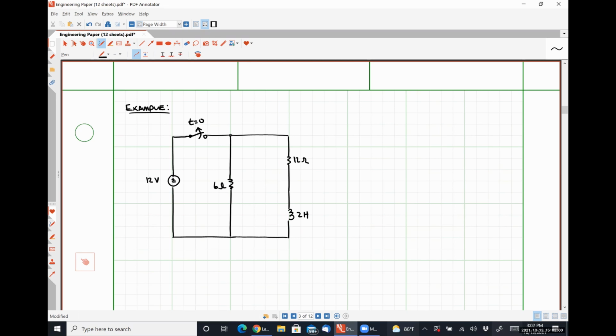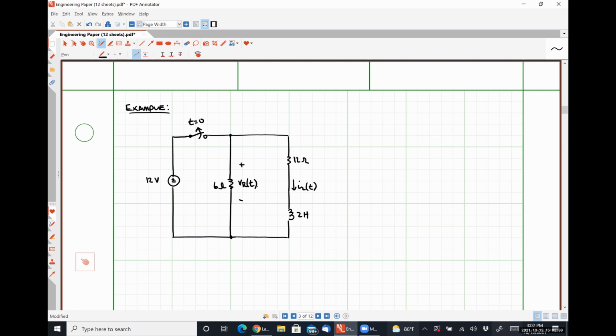And I want us to determine two quantities now. I'm going to be tricky with you. This inductor current, IL, as a function of time, and this resistor voltage, VR, as a function of time. Okay. Here are the steps that we should take when we are given one of these.